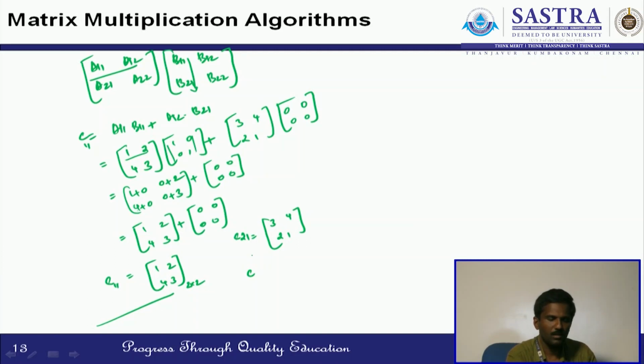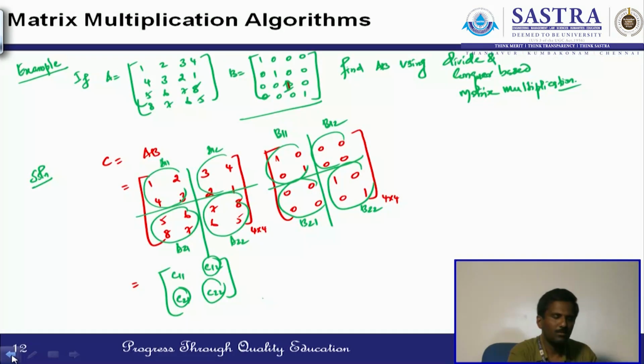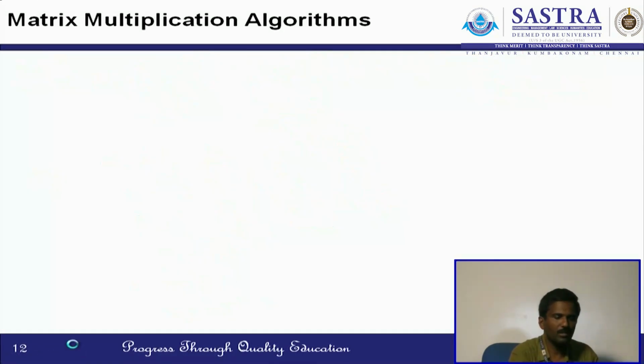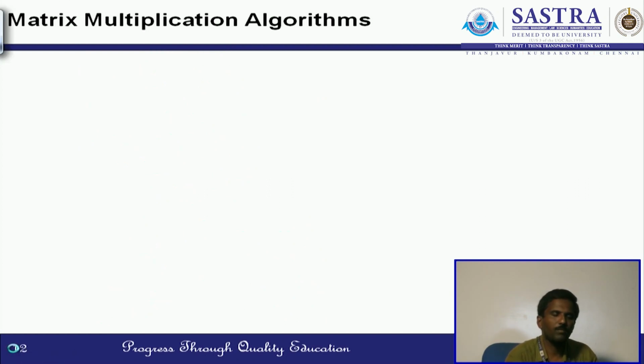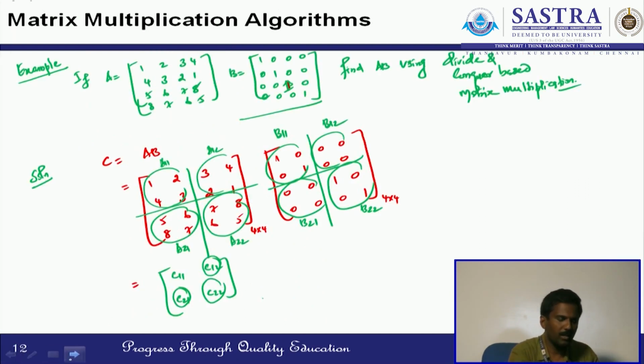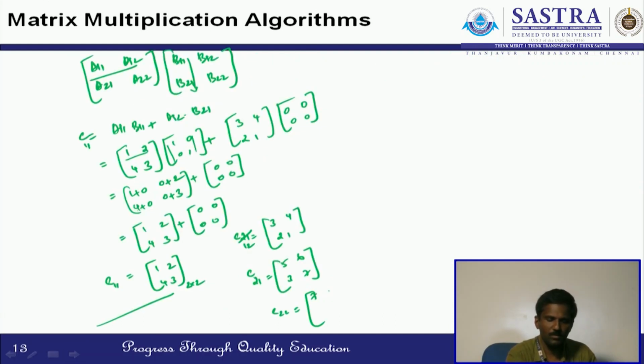Then C11, this is C12, then C21 is 5637, C22 is 7865.